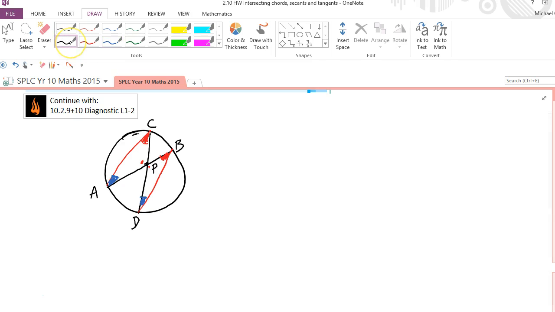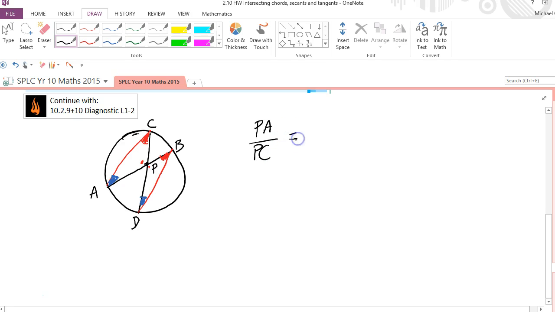So let's see how we would write that ratio. We'll compare the triangle on the left to the triangle on the right. If I take the longer side from the dot to the blue side, I've got PA, and I'm going to divide that by PC.